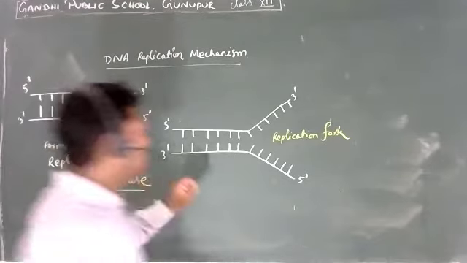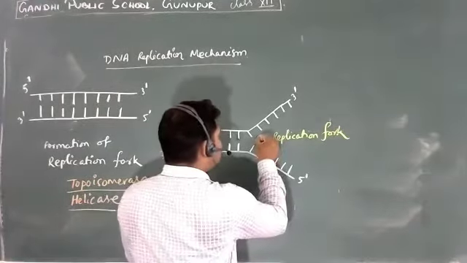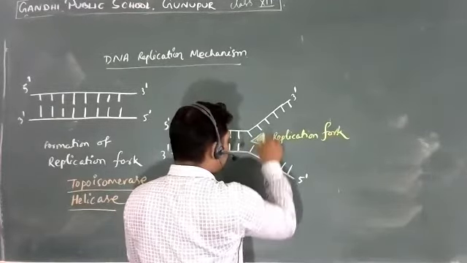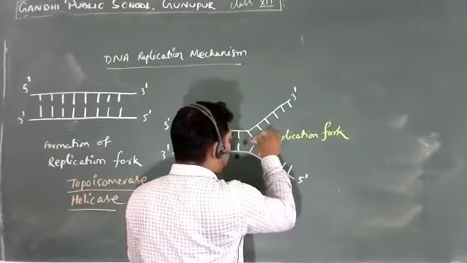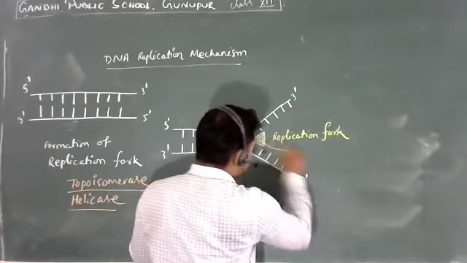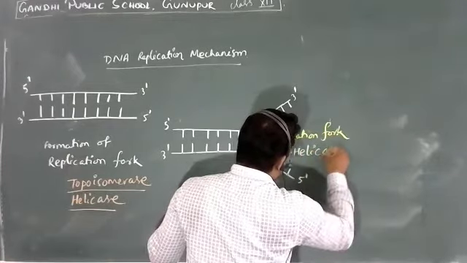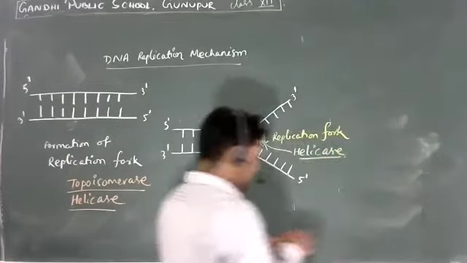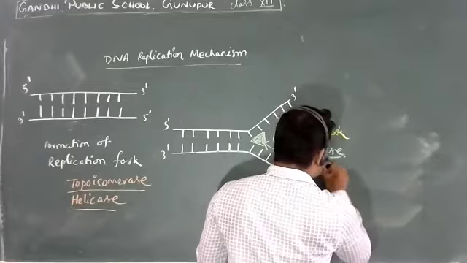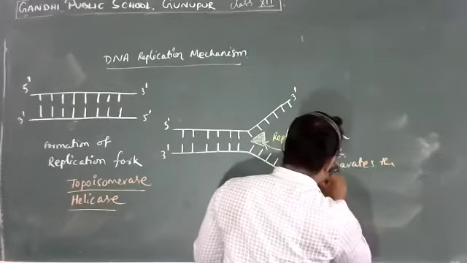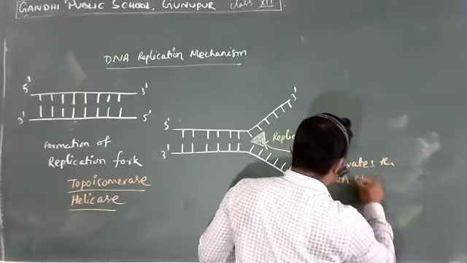So what happens is, this helicase enzyme, let's say it is placed here just for representation. Okay, so this is our helicase enzyme. And what helicase does is basically it separates the DNA strands.